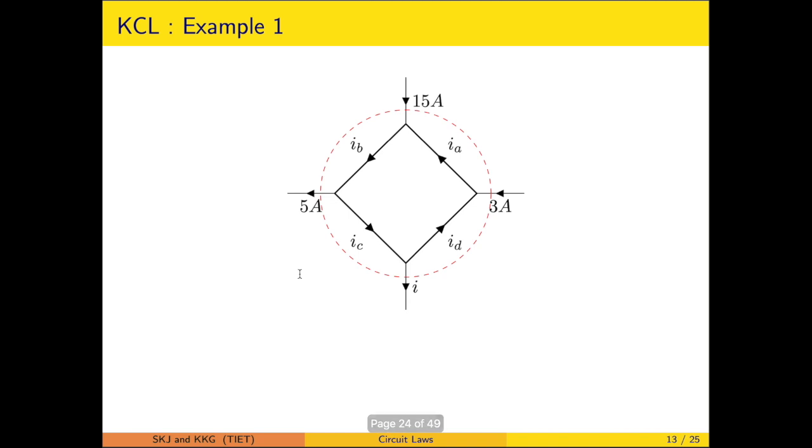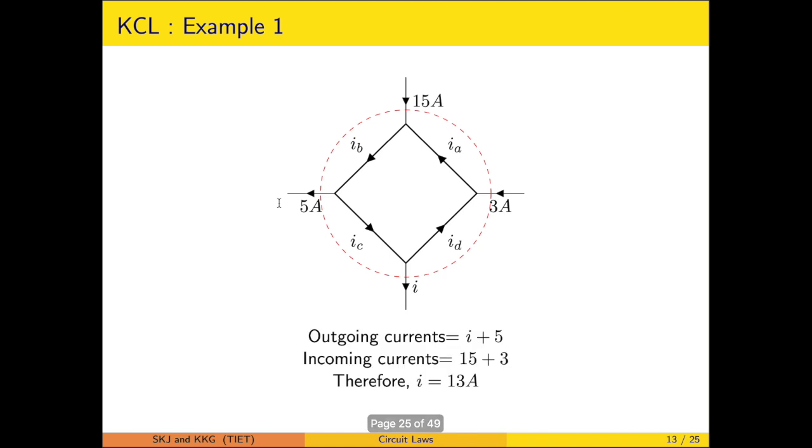That closed boundary is selected likewise. You are now equipped to apply the KCL to this closed boundary. Here I is the outward current, 3 ampere is the inward current, 15 ampere is the inward current, and 5 ampere is the outward current. On that basis, you sum up the outward current, sum up the inward current, and find the value of I as 13 ampere.